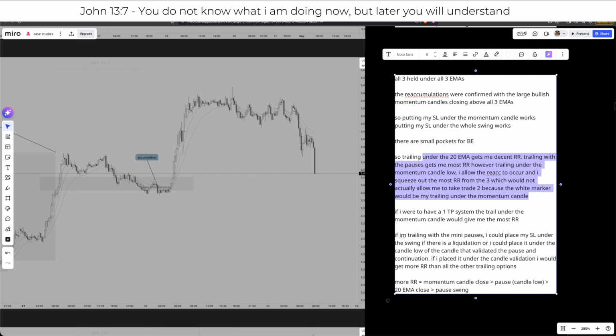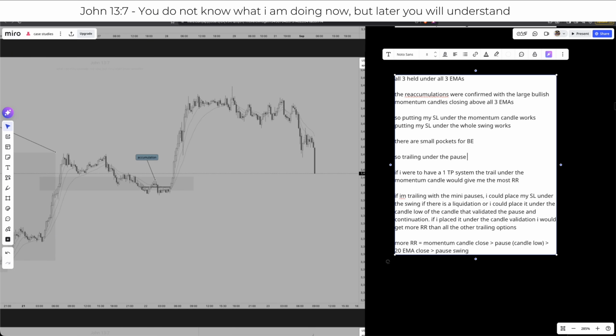So trailing under the pause candle gets me the most RR. And putting it under the swing.